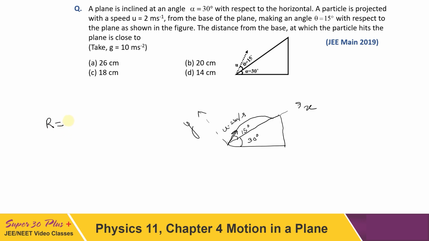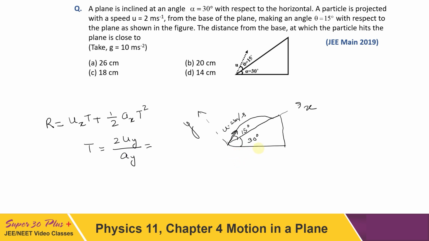R can be written as, along R I have taken the x direction, so it will be equal to ux t plus half ax t square, where t is the time of flight. We know the value of time of flight, we had derived it. That can be written as 2uy upon ay. Now if you substitute the values of uy and ay, uy can be written as u sine 15 degree and ay as g cos 30 degree.